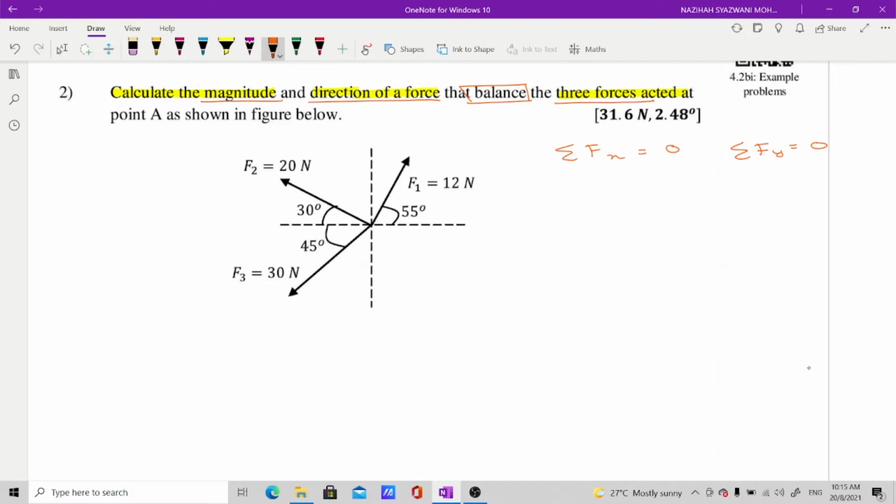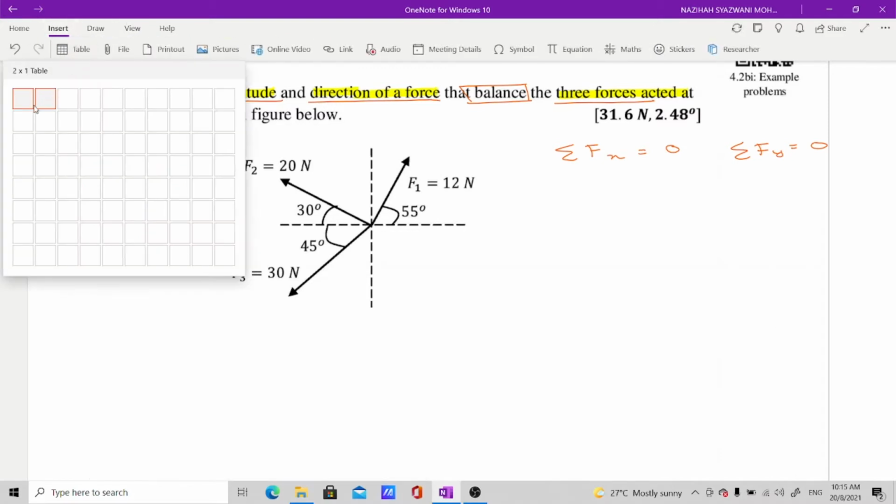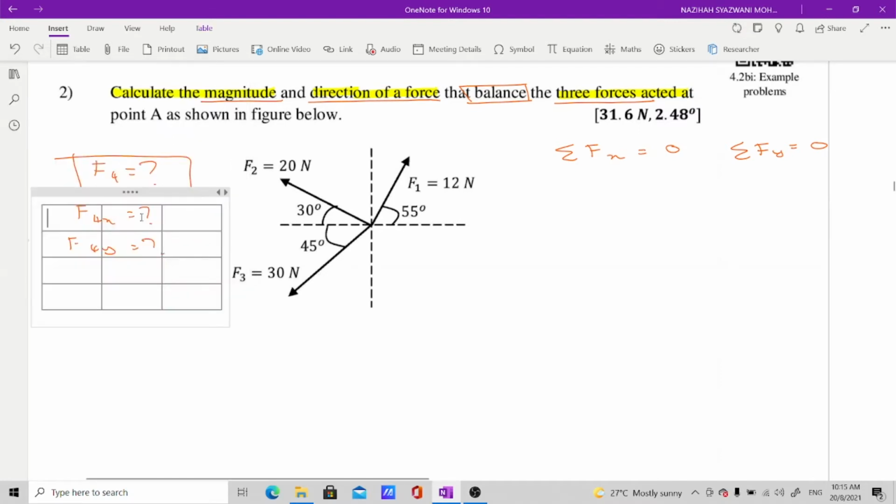So we have F4 and they are asking what F4 is. First we need to find F4x and F4y, then only can we find the resultant F4. So let's do this together. I'm going to insert the table. Please use a ruler to draw the table.